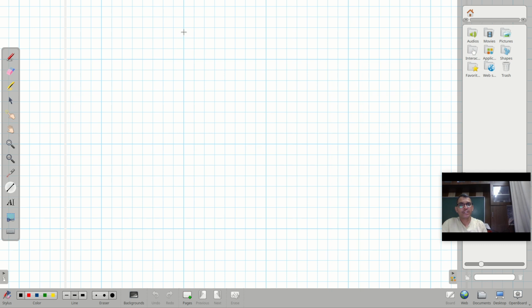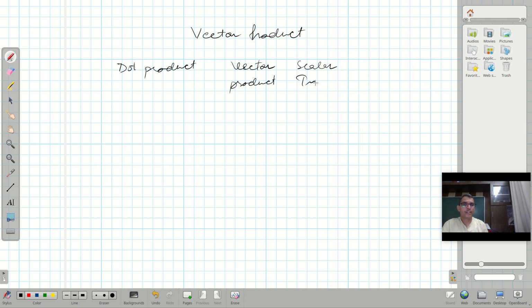So vector product, we will categorize this as dot product, vector product, scalar triple product, and vector triple product.